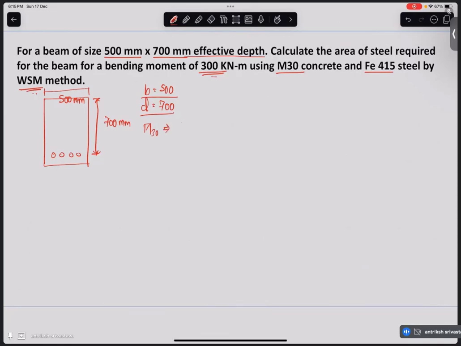M30. What does this mean? This means FCK is 30 and sigma CBC is nothing but FCK by 3, that is 10 Newton per mm square. Now, we have Fe415, that means Fy is 415, that means sigma ST is 415 divided by 1.8 and approximately becoming 230 Newton per mm square.